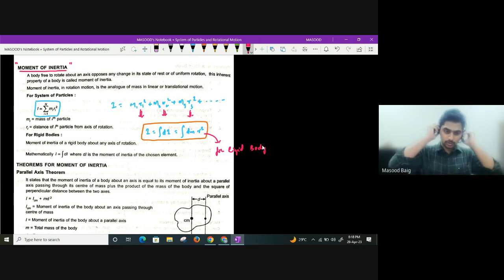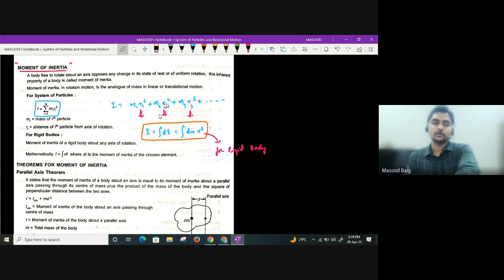Please remember, moment of inertia for point masses is the mass of that point into the square of the perpendicular distance from the axis of rotation. Whereas for a rigid body, you will take a small element, find the moment of inertia for that small element and perform overall integration, guys.